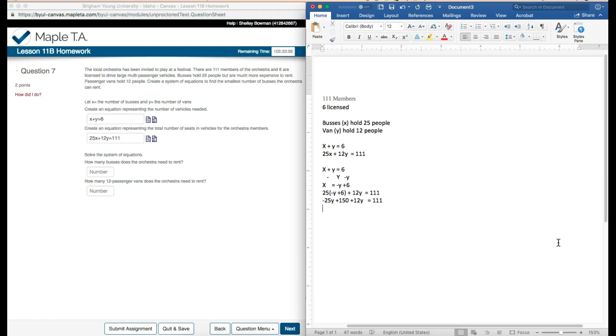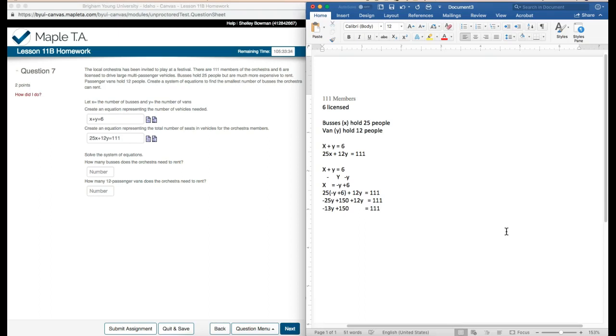Okay, so now I'm going to continue by adding my variables here. Negative 25 and positive 12 gives me negative 13y. And I still have this 150 over here. And on the right hand side, I have my 111.